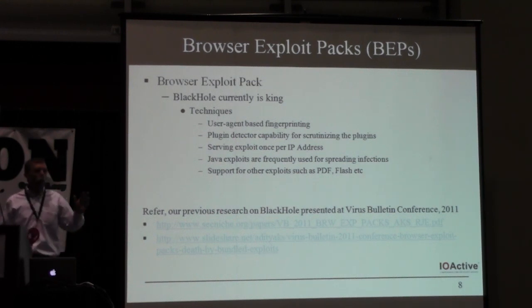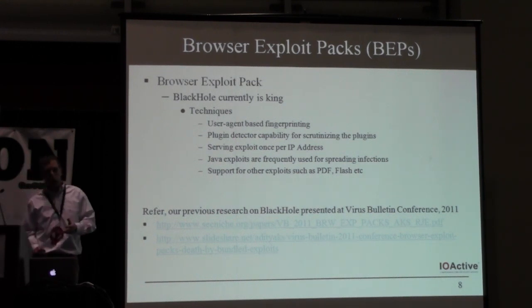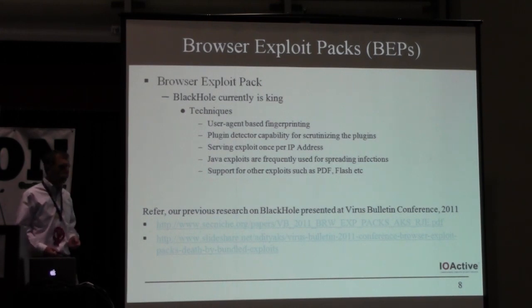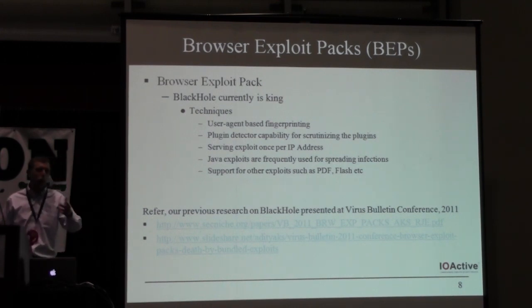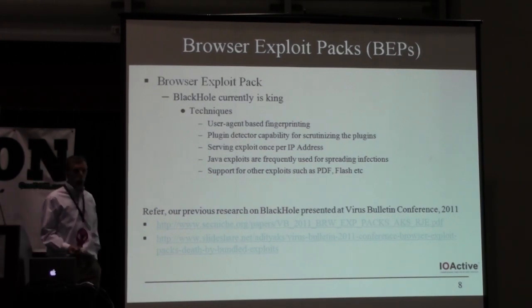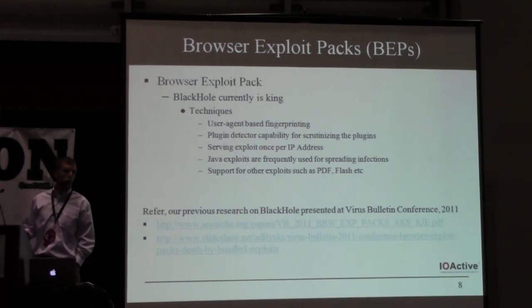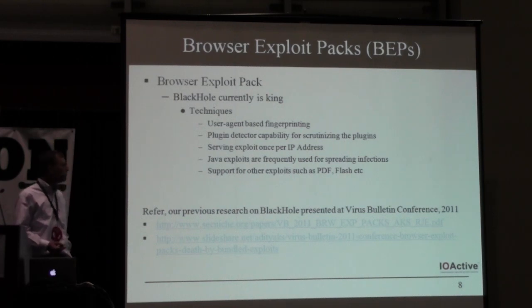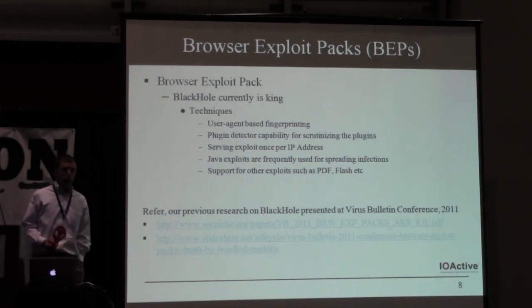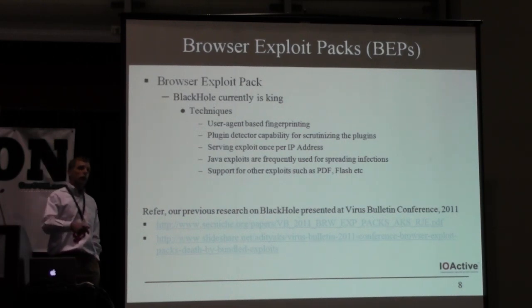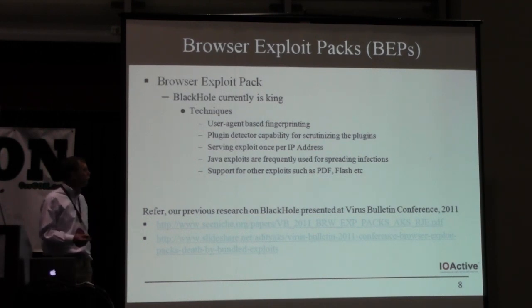Okay, so let's start with the browser exploit packs, which are BEPs. I always have trouble getting those to roll off my tongue. And right now, Blackhole is one of the more prevalent ones. The idea is, how am I going to load some malware onto your system?